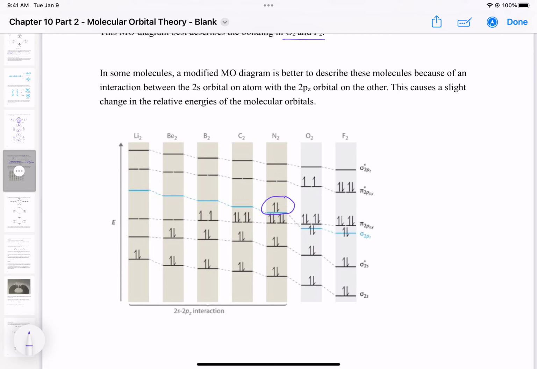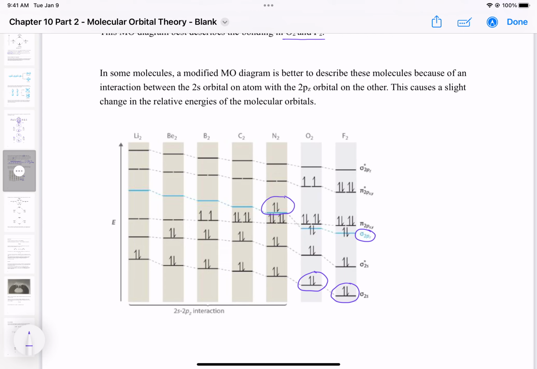So the sigma 2pz interacts with the s orbital.